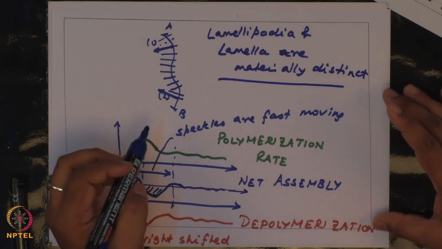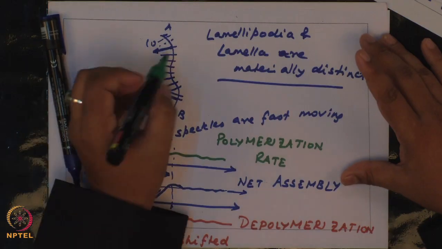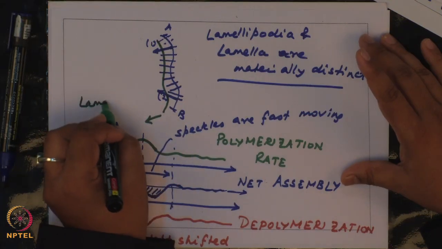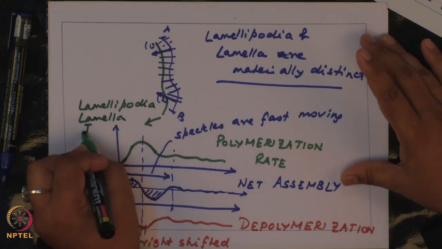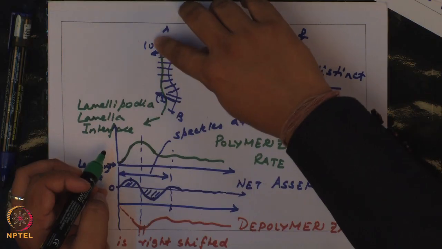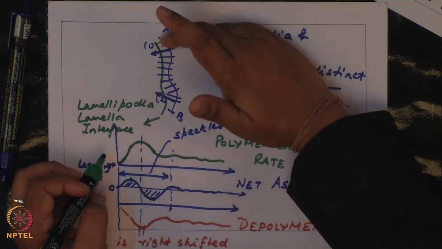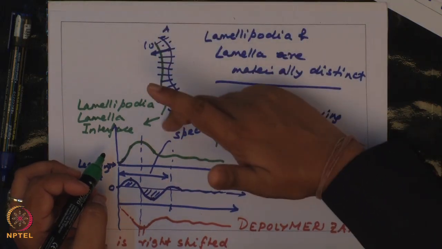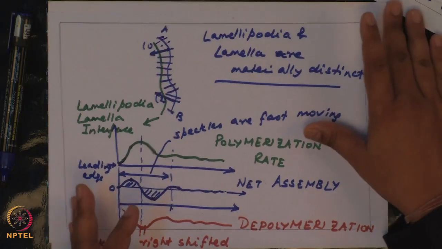When you say lamellipodia and lamella are materially distinct, let us assume this is the lamellipodia, this is the lamella, and this is the interface. If these two networks are materially distinct, it means that within this first layer, the lamellipodia, the monomers required for polymerization are coming from the depolymerization of the filaments in the depolymerization zone within the lamellipodia. So, there is no monomer transport from the lamella to the lamellipodia.